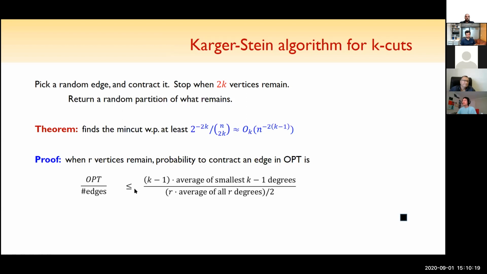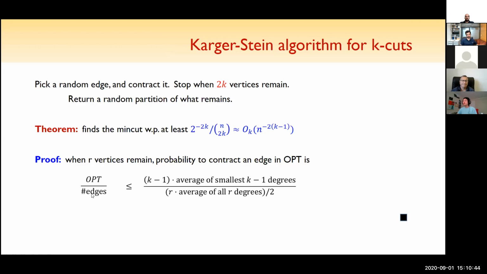And here we're going to use the inequality that opt is at most k-1 times the average of the smallest k-1 degrees. Why is that? That's because this quantity here is just the sum of the k-1 smallest degrees, and that induces a k-cut of the graph because we can just isolate those singletons in a cut, and opt can only be smaller.